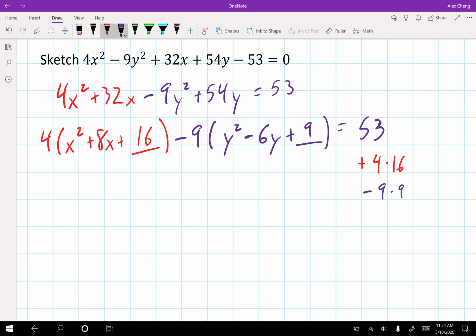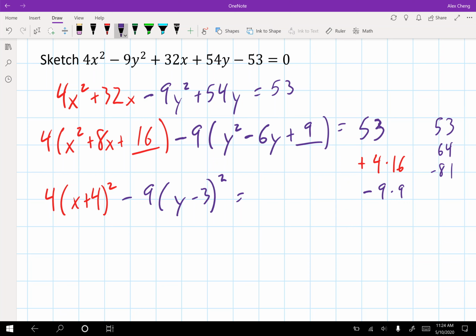So let's clean this up. That'll leave me with 4 times x plus 4 squared minus 9 times y minus 3 squared. That's going to equal, let's work this out, 53 plus 64 minus 81.